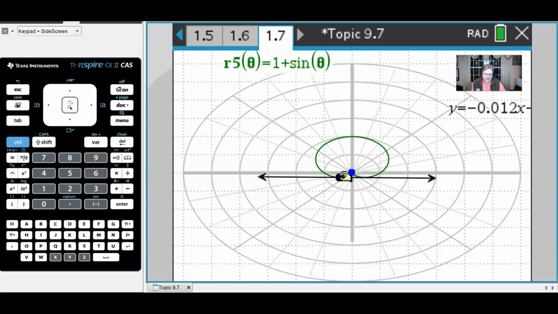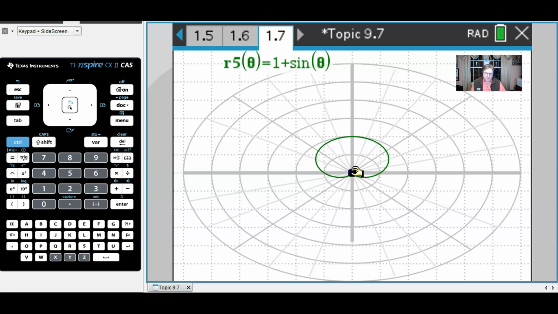So those would account for the 1, 2, 3 places where there's a horizontal tangent line. Vertical tangents, one of them occurs right here, and the other one's probably somewhere over on this side, wouldn't you think? Right about there.